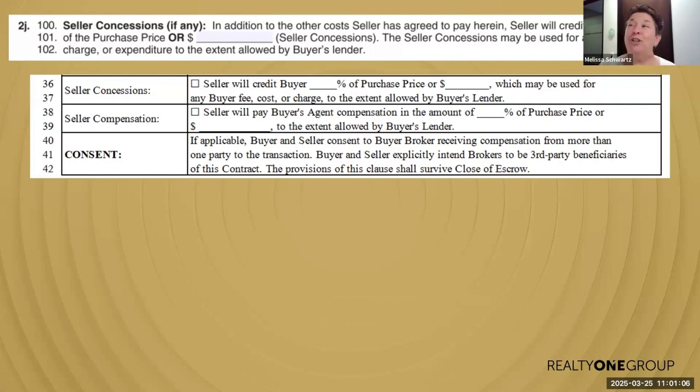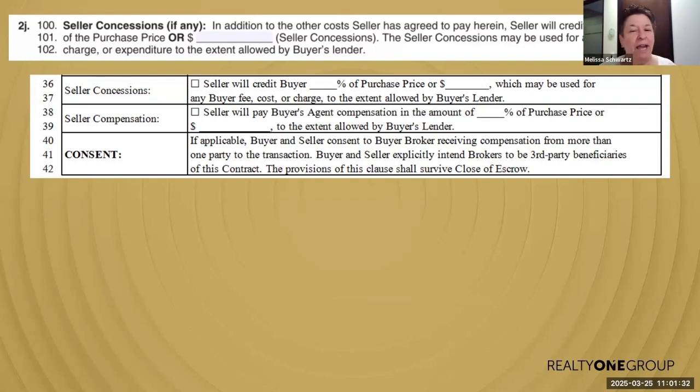So is there confusion between lines 36 and 37 and 38 and 39? Probably not. You've got both of them right there so you can see what the breakdown is between the two. You know what the seller concessions are and you know what the seller compensation to the buyer's agent is.